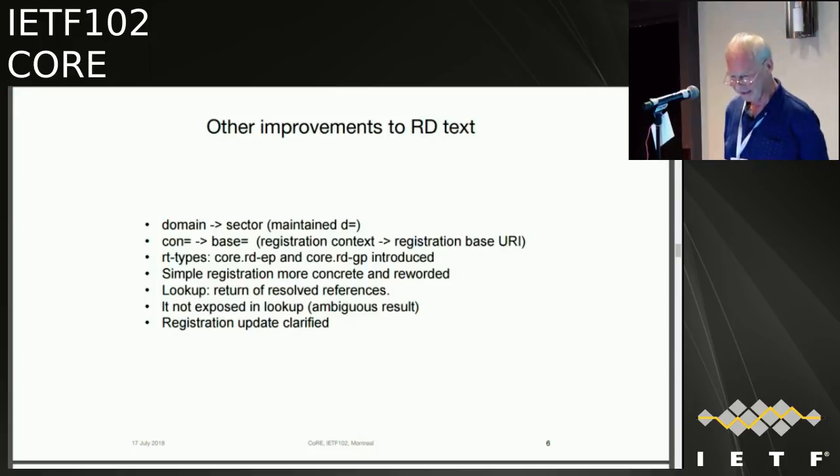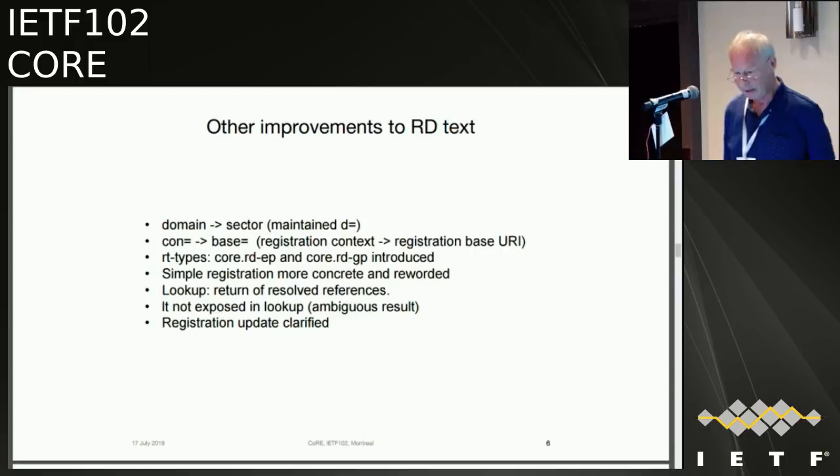Okay. Some resource types have been introduced. The simple registration has not been changed, but it has been reworded, and also the examples, etc., have been done more correctly. In the lookup, we show how the resolved references are actually returned.